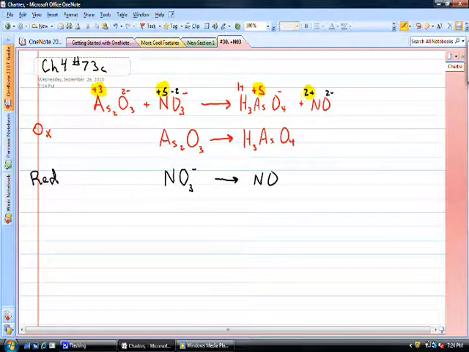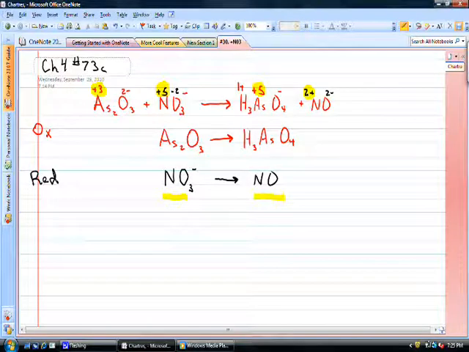Gain of electrons is reduction, and the oxidation state is reduced or lowered. So I've written the species here that were involved in the reduction part of the reaction.